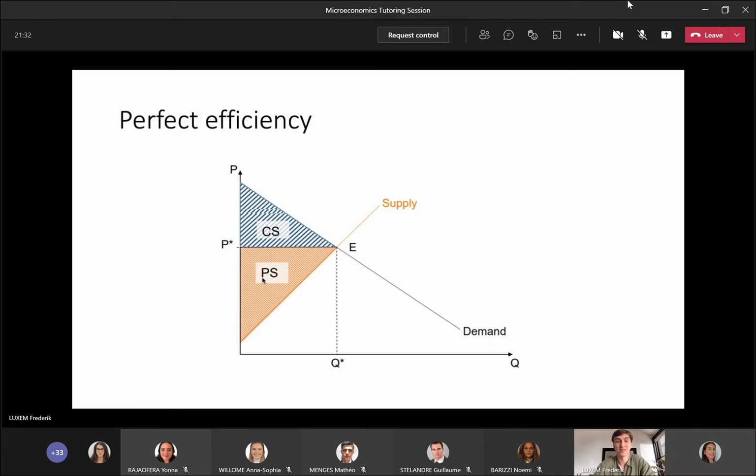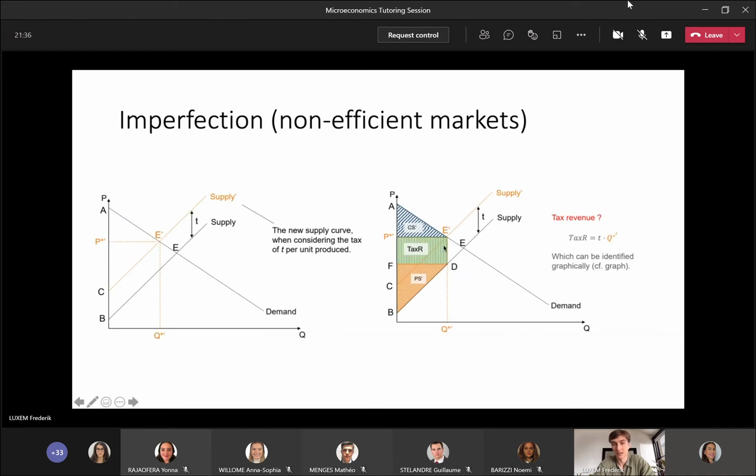If you have questions on this later on, please ask them. I'll just go on now. Here's the example I just gave you before. So you see the welfare loss would be this triangle here.